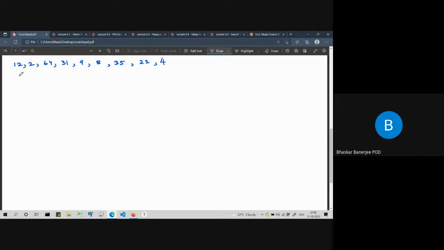Fine. So this is a random array that has been given to you and you need to convert it into a heap. So how will you do that? If I just write this in the form of a tree structure, see what happens. As it is, I'm not making it into a heap or anything. I'm just writing it in the form of the tree structure.